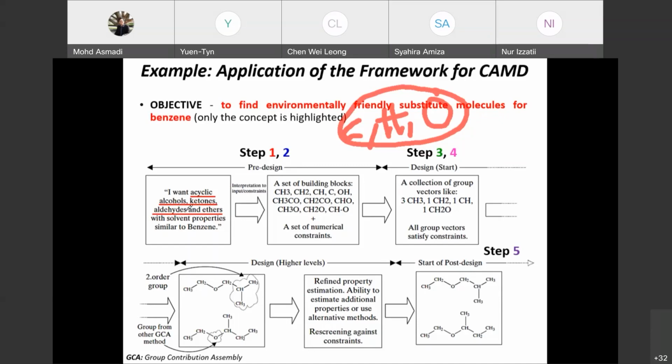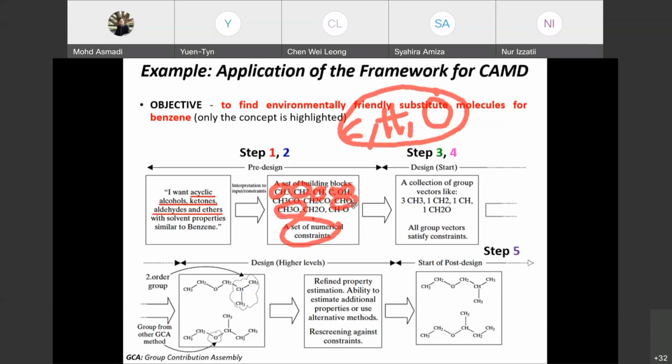From this you can set the building blocks like CH3, CH2, but CH2 is not stable, so we can combine later. This is just the building blocks. So we set CH, O, OH. These are the possible functional groups, which can be the base of the building block. We also set constraints to generate the candidate molecules, a set of numerical constraints.